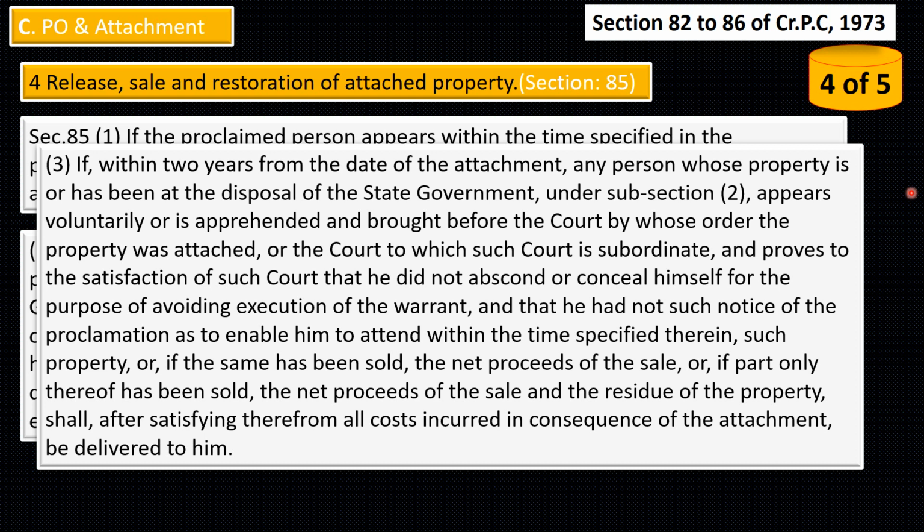And in case the state government has already sold his property, then also he can get the profits and benefits that the government has earned from selling that property. So, a person is not at a total loss in case he satisfies the court that he was not avoiding the warrant of arrest. Got it? Okay. Now let's proceed to the next one.